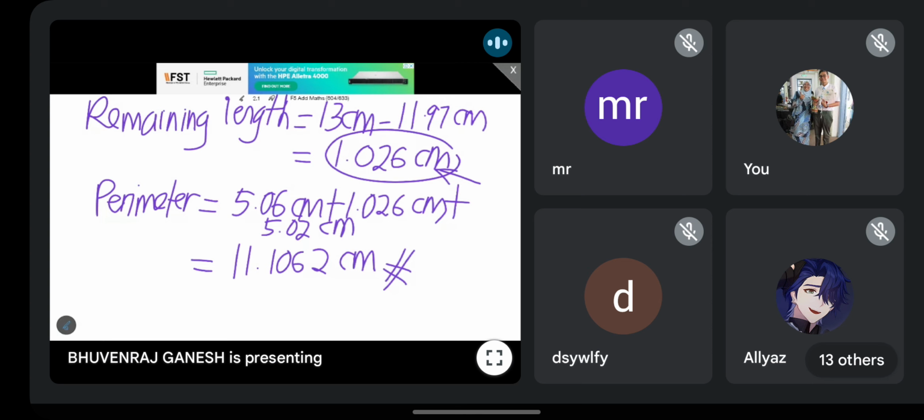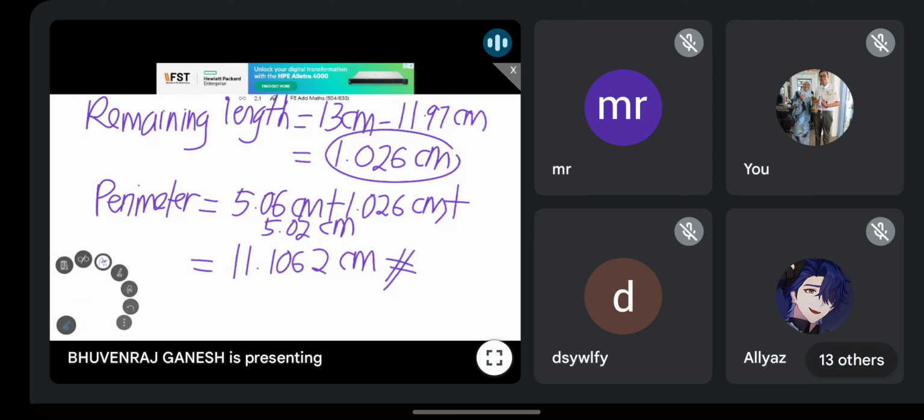Of course, bila tulis macam ni, kamu bundarkan lah, tapi kamu maintain nilai yang tepat dalam calculator. You maintain the exact value only. Then only your final answer will be the most accurate answer that the scheme gives. Understand? So that's why tips-tips ni penting untuk bab ni, because a lot of people have problem with this part.